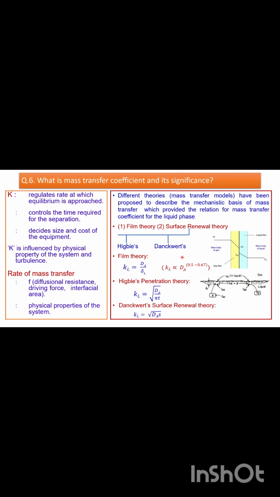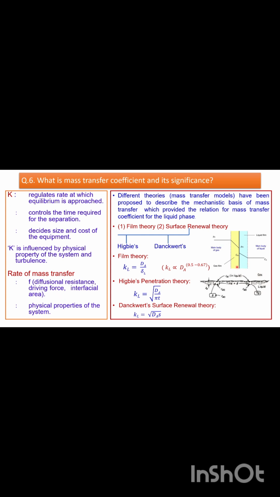As per film theory, there exists a diffusion layer inside the interface which offers resistance to mass transfer, and mass transfer in this diffusion layer is by diffusion process and is given by Fick's first law.